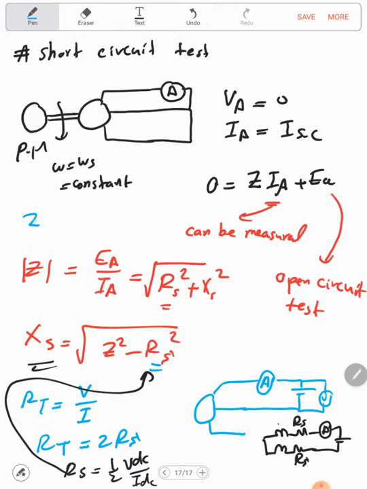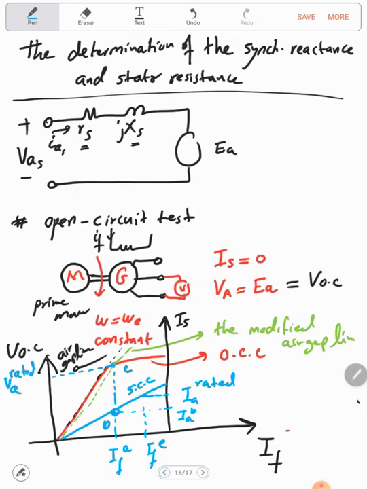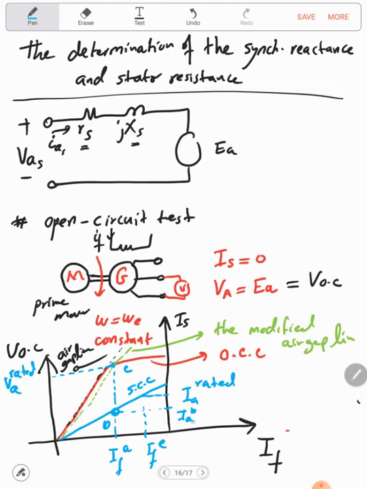So we can calculate the impedance Z. So Z will equal ECA over IBA at omega equal to omega S. So ECA is this one, VA rated, and IBA is this current.